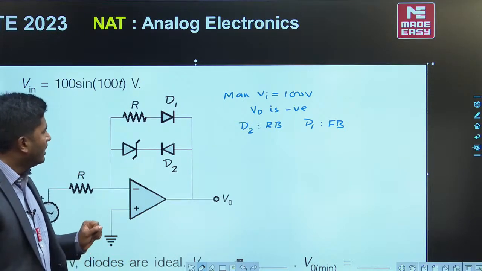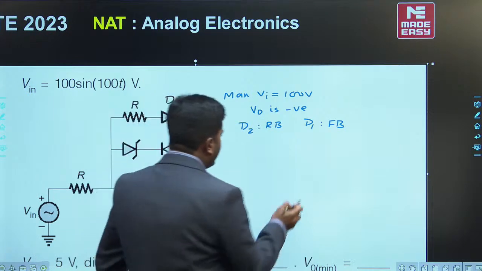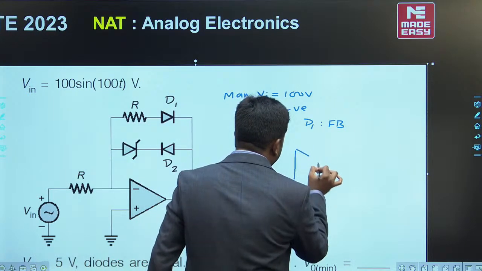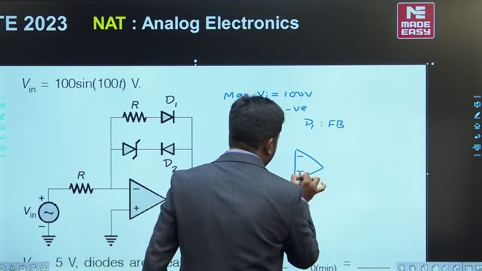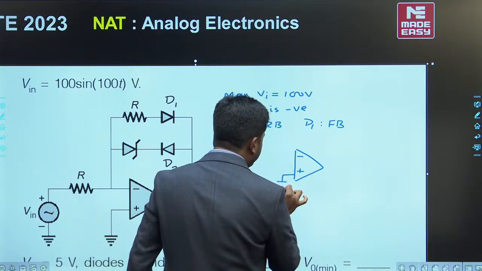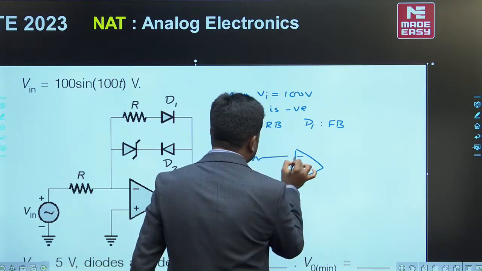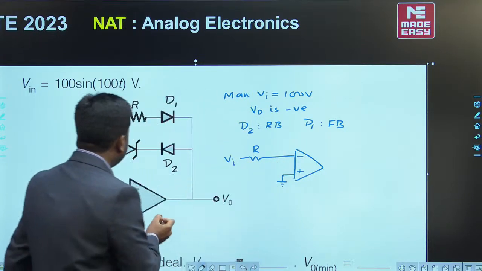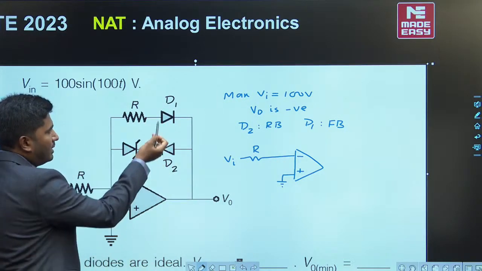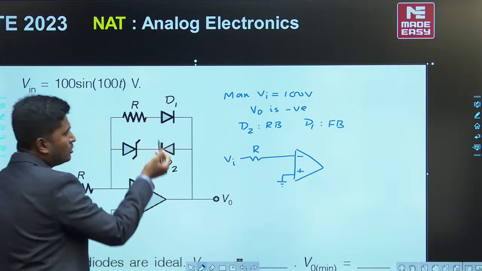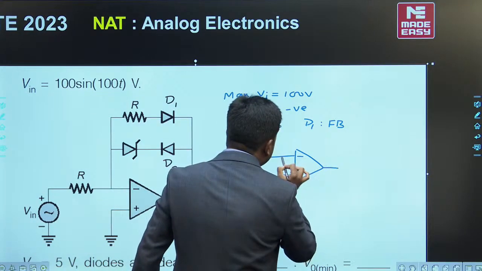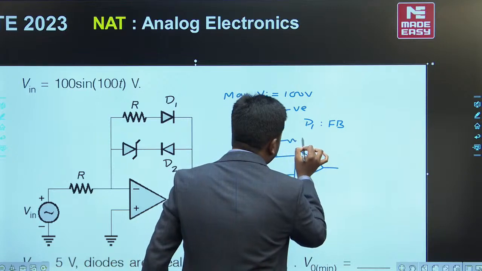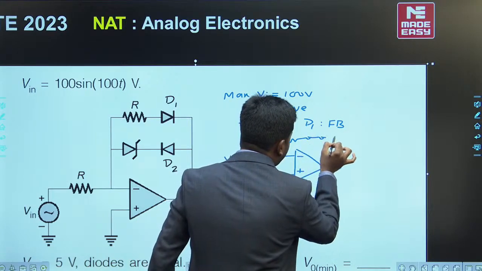Okay, and if I redraw the circuit, it will be in this way. Non-inverting terminal is grounded here, and this is resistor R. Here is the input. This branch has become open and D1 is in on condition, so the circuit will look like this. D1 is in forward bias.